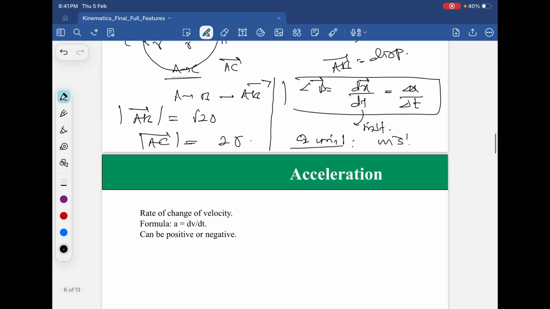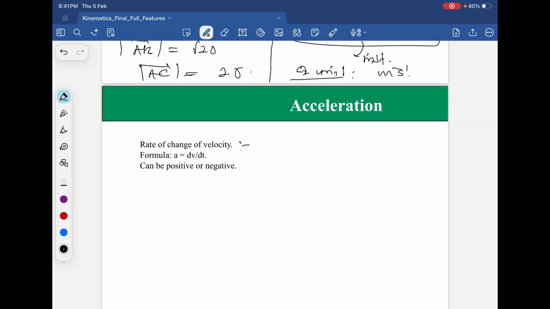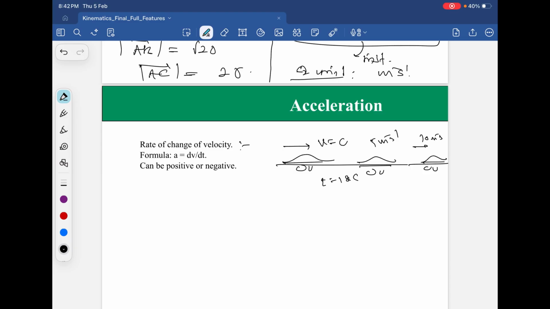Right, now coming to acceleration: what is acceleration? The rate of change of velocity is called what here? Acceleration. So for example a body is going from one point to another, starting from rest, and acquires some velocity, say 5 meter per second after t equal to 1 second. In the next 1 second, say it has acquired a velocity of 10 meter per second.